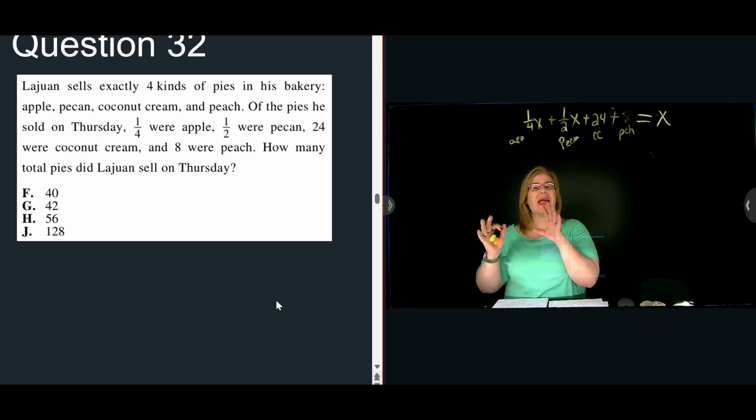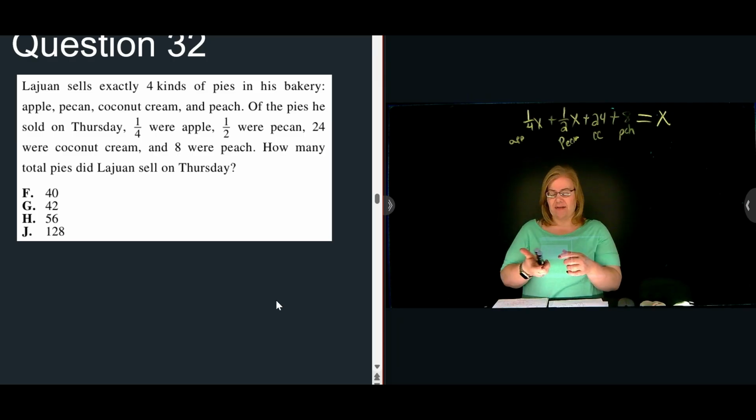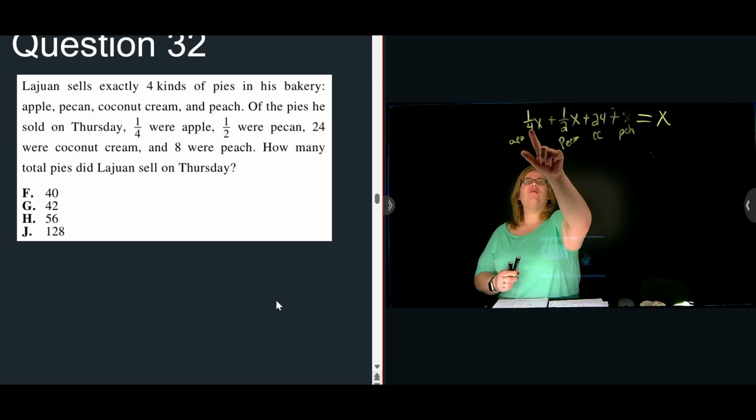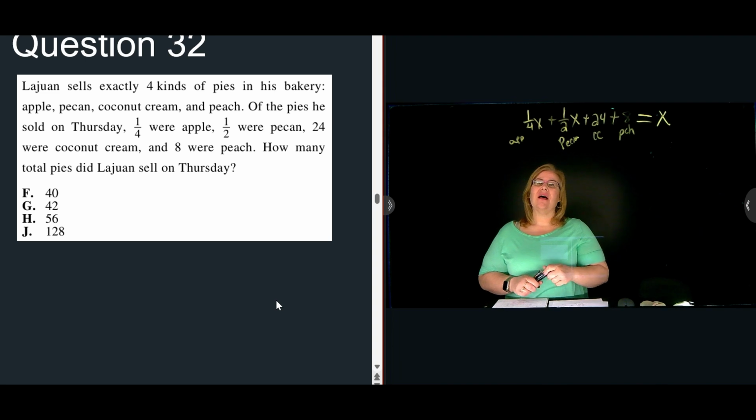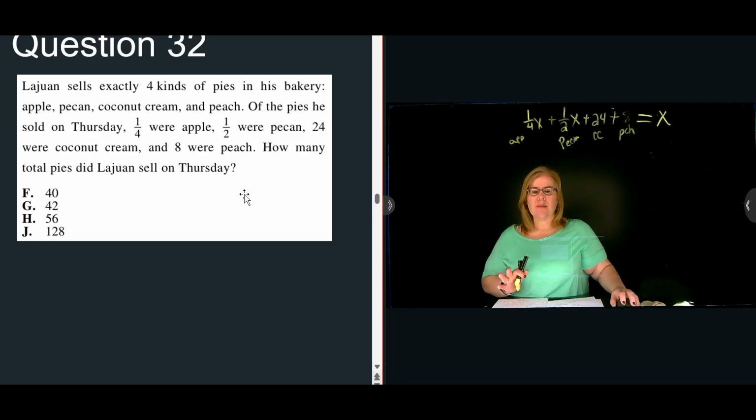So let's go ahead and pretty this equation up, putting like terms together and trying to isolate that variable. So here we go. I have 1/4 plus 1/2. Now, we get like denominators and we add, or you plug that into your calculator, whichever one you want to do. I'm going to go ahead and pull that calculator up. So, hold on just a second.